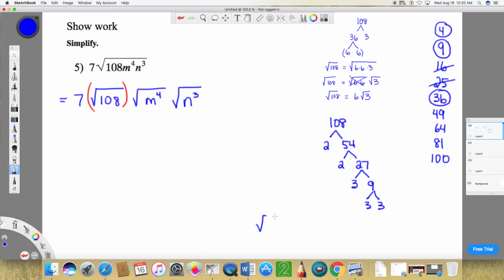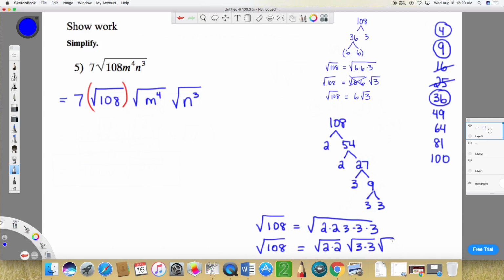So the square root of 108 is equal to the square root of, well, I have these two factors of 2 and 3 factors of 3, and I know that I want to break them up into pairs, so I've got the square root of 4 times the square root of 9 times the square root of 3.